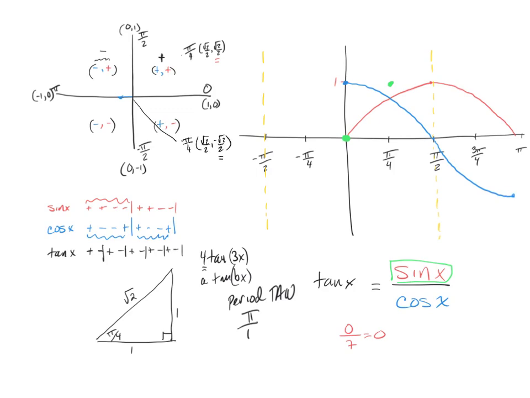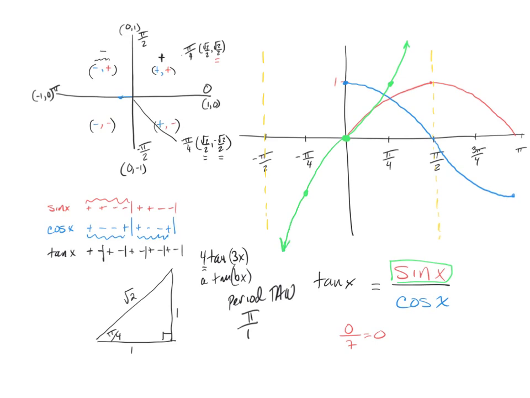And of course, if you put this over this, you're going to get -1. So we have a y value of -1 here. So the tangent curve has a look almost like a cubic function, where it comes up here and then it blows up, literally going to infinity as it gets close to that vertical asymptote, and then it's going to repeat itself over here just in the negative direction.